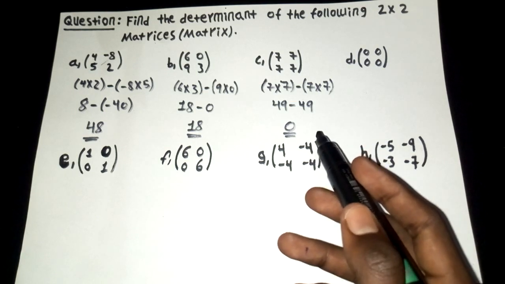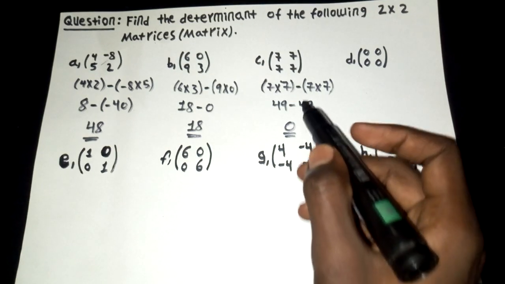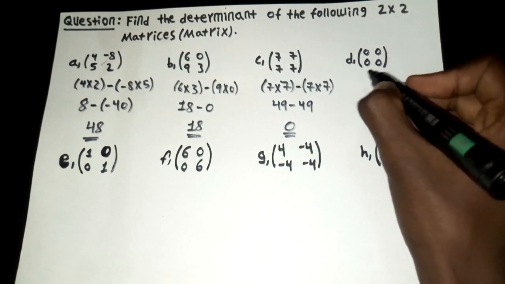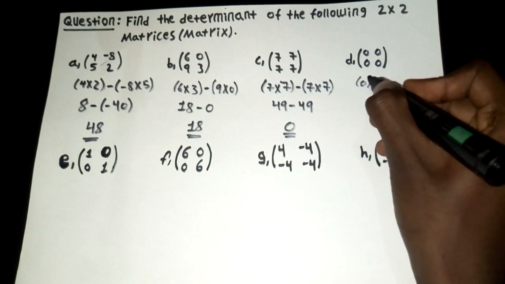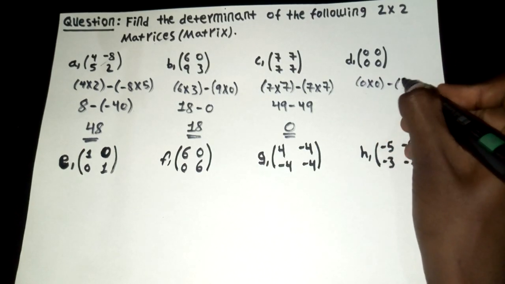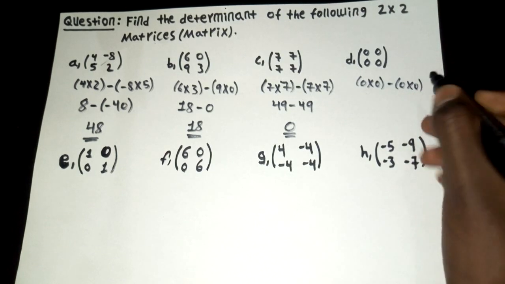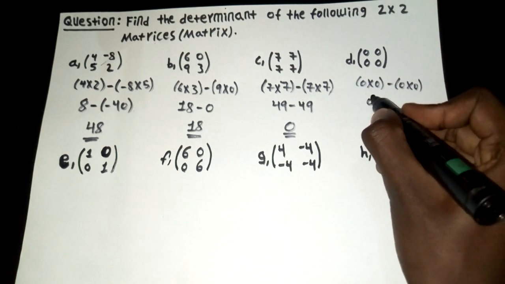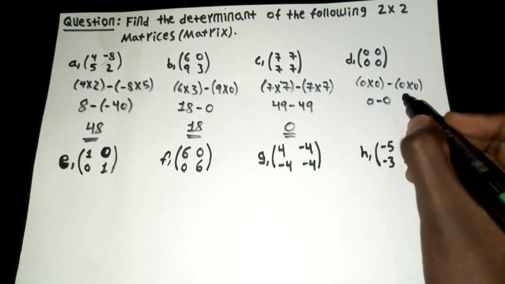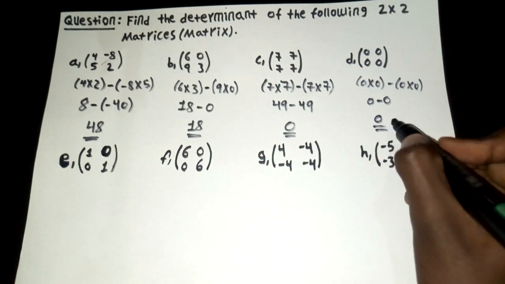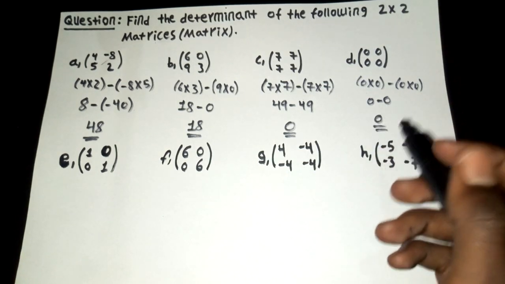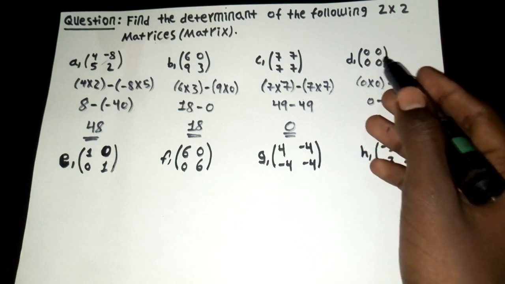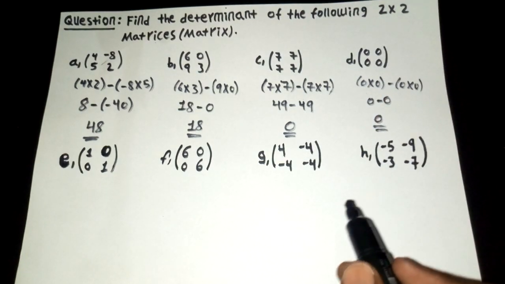But for now let's do this one. 0 times 0 minus 0 times 0, then 0 minus 0, which is 0. So this matrix does not have an inverse.